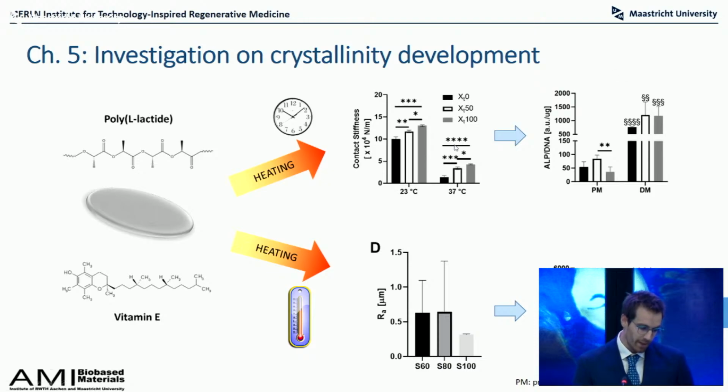As you can see from graph D, we obtain films with no statistical differences in average. However, I think it's important to mention that the standard deviation distribution was very different. Why is this?